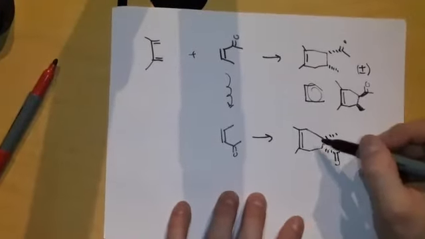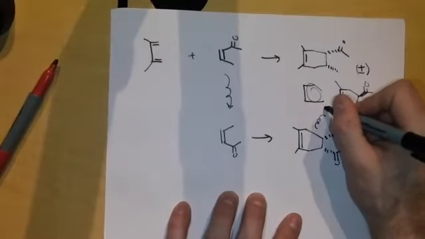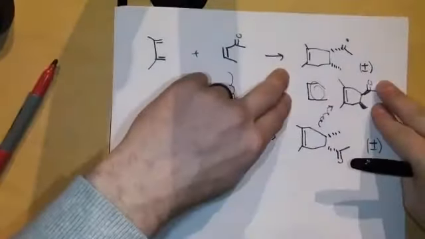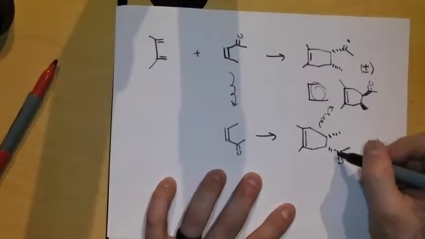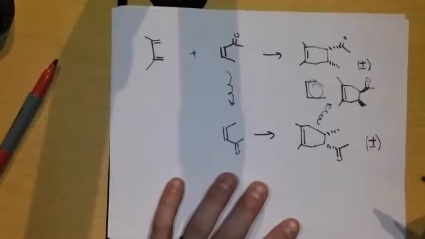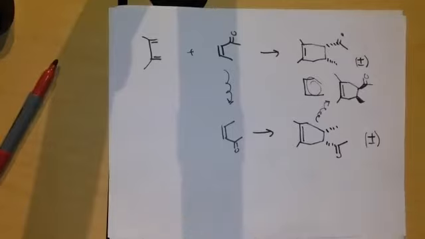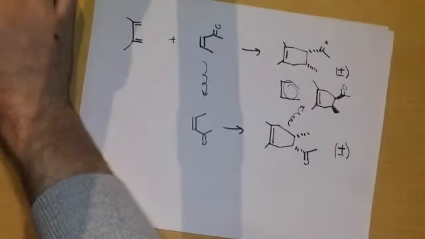If I take this here and I flip it over, just like picking it up like a pancake, flipping it upside down, it would become this. These dashes here, when they flip 90 degrees, are going to become these wedges.